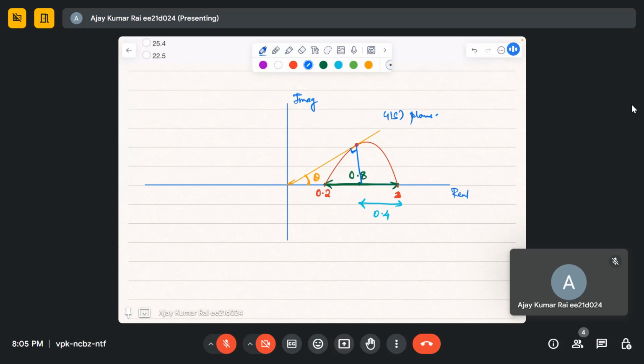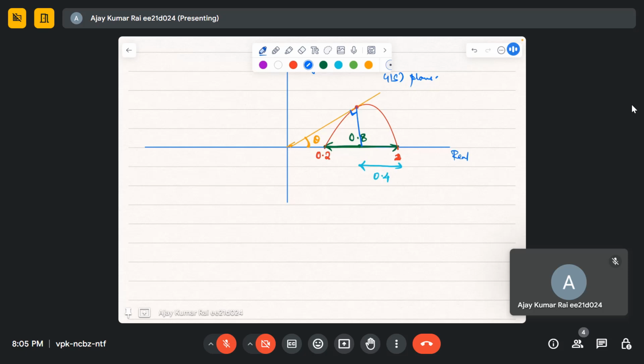It's not clear, but this angle will be 90 degrees. If you draw any circle and draw any tangent, this is the center, so it makes an angle of 90 degrees. This property we are using here. So this is 90 degrees.